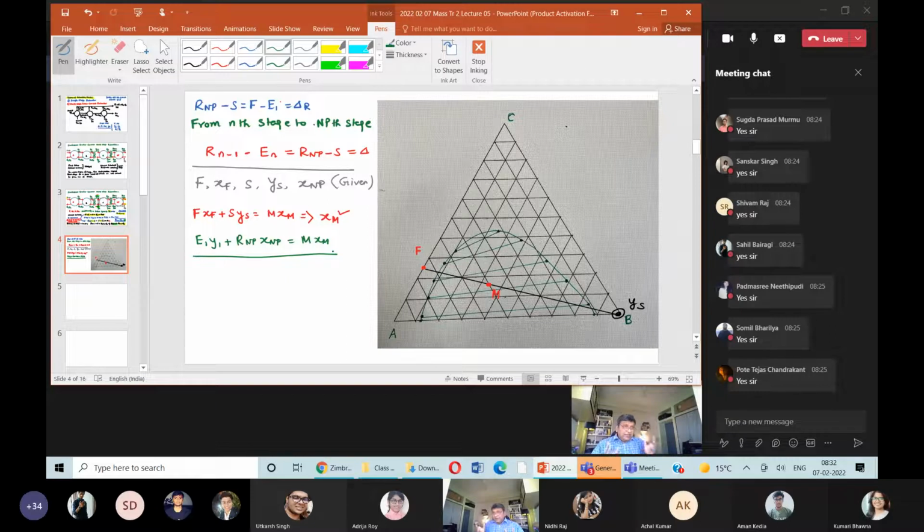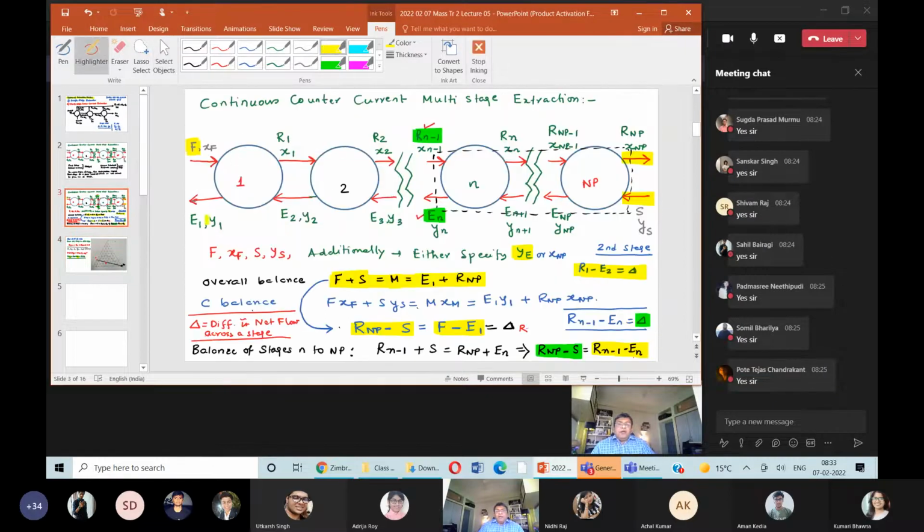So whatever was the outputs, this X_M was essentially comprising of two compositions which are in equilibrium. However, here M essentially splits up into two compositions, Y1 and X_NP. And if you look here, Y1 and X_NP are not in equilibrium, right? Therefore, drawing a tie line through M is not going to help.